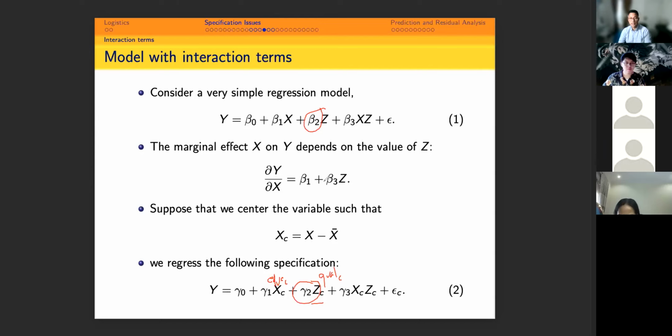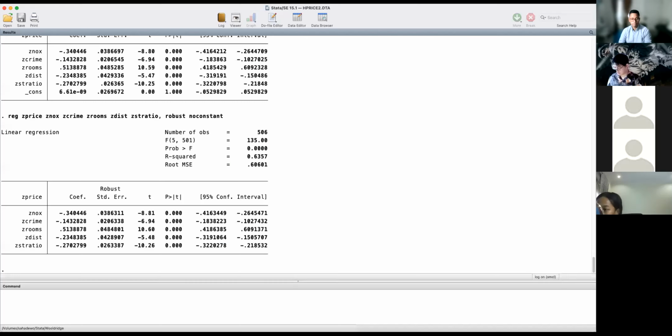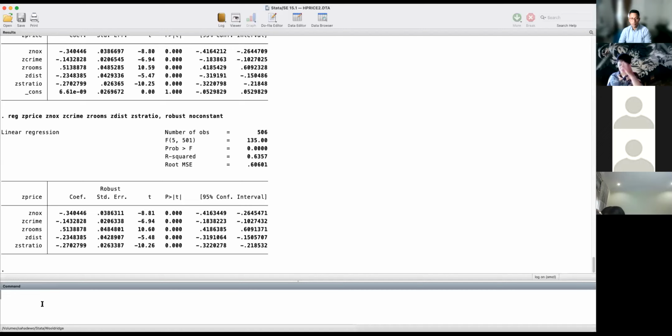All right, great. So I'm going to go to Stata and we're going to discuss an example on the use of interaction terms for regression. Okay, so I'm going to do a regression based on the data at 10.